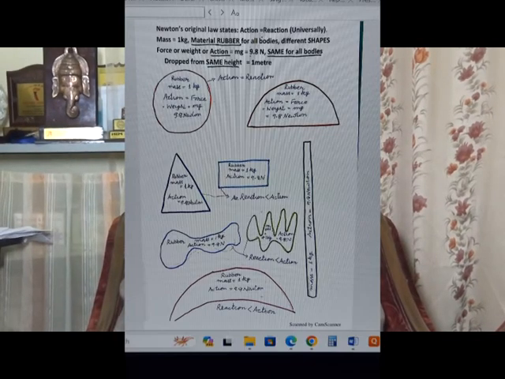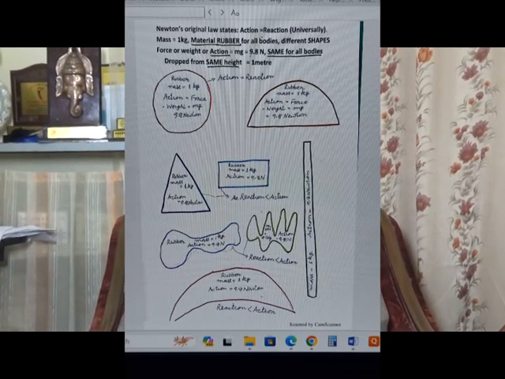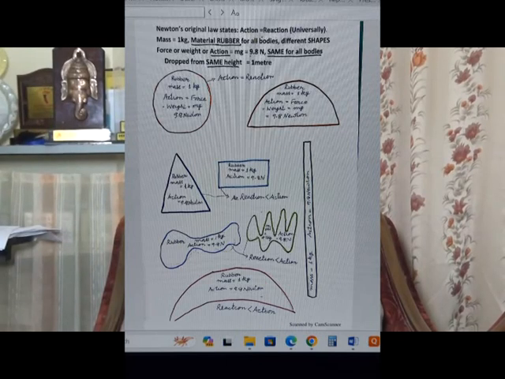The bodies have different shapes: spherical, umbrella shaped, flat, any arbitrary shape, etc. Hence, we are specifically considering freely falling and rebounding bodies. The falling body's action is the force, and in this case action is weight, mg, or gravitational force of attraction.